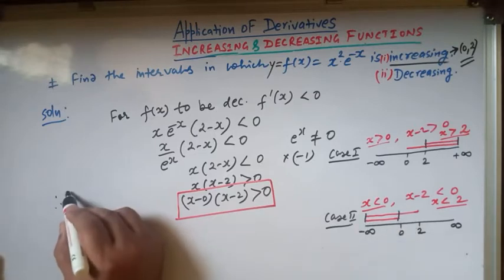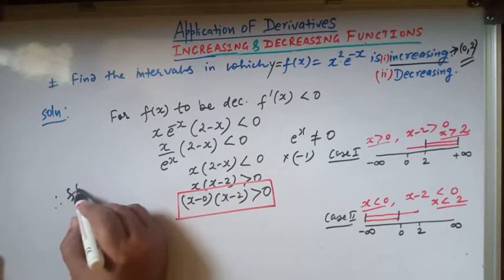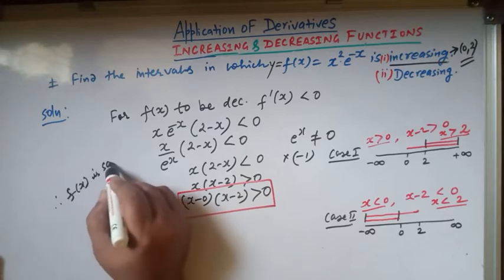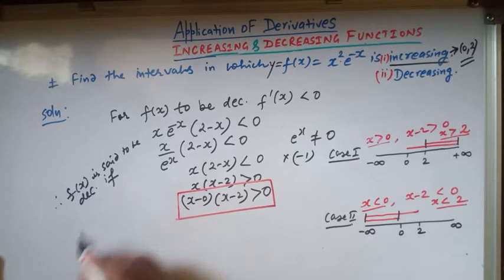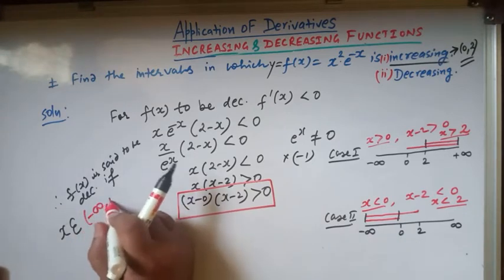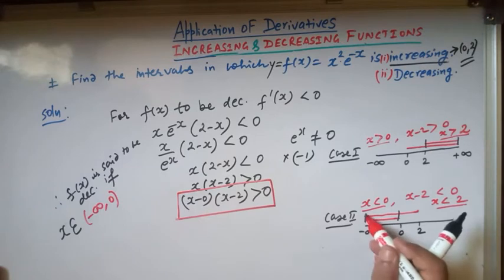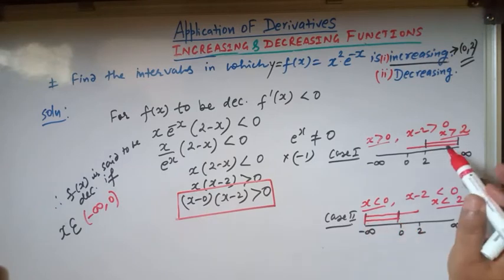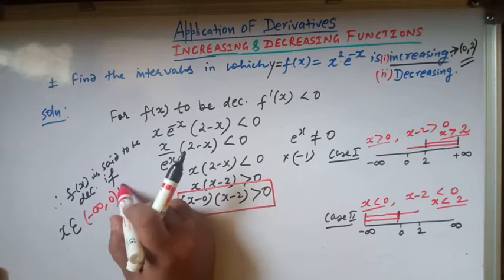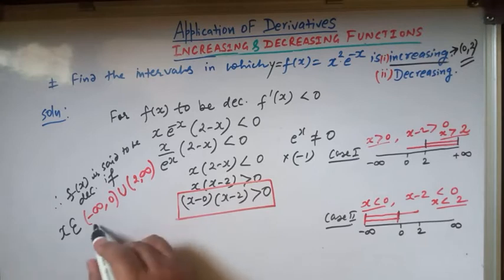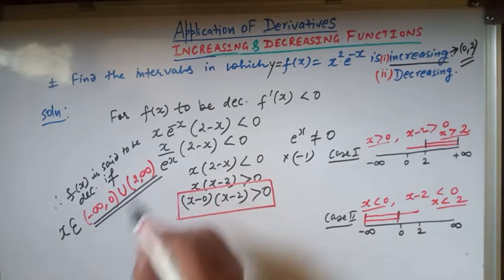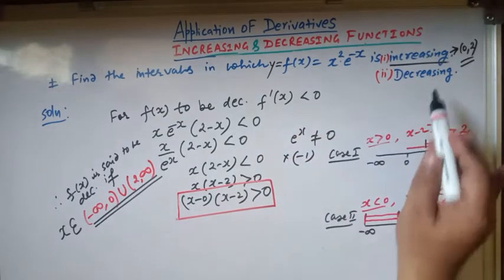So therefore f(x) is said to be a decreasing function if x belongs to minus infinity to 0, because this is the common region, union 2 to infinity. Clear? So this is the interval in which this function is decreasing.